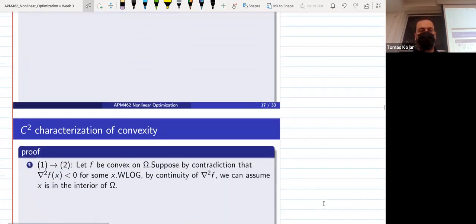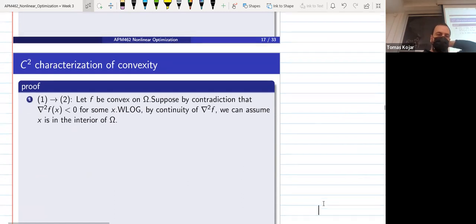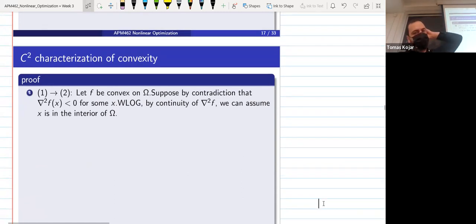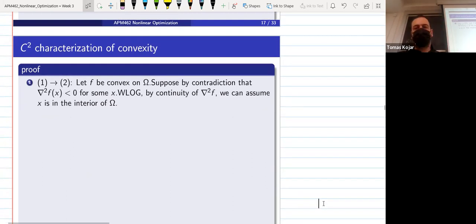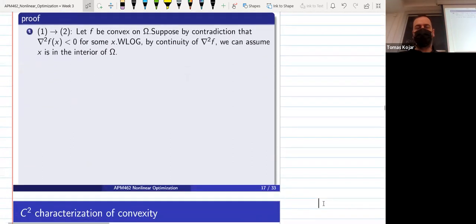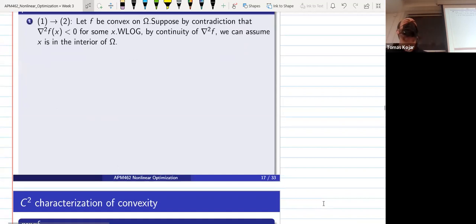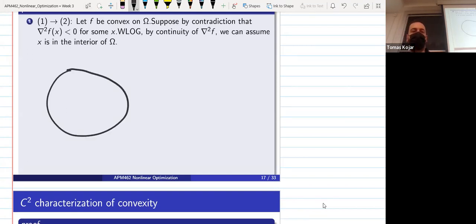All right. Without loss of generality, take it in the interior. Okay, I can explain it, but can someone tell me, suppose this is your domain and X is at the boundary. Can you give me another point Y so that the Hessian of f of Y is strictly negative?